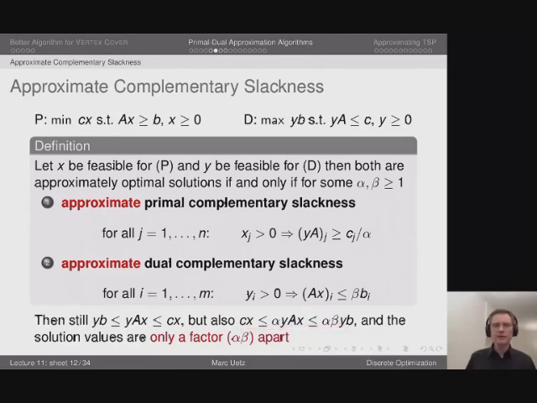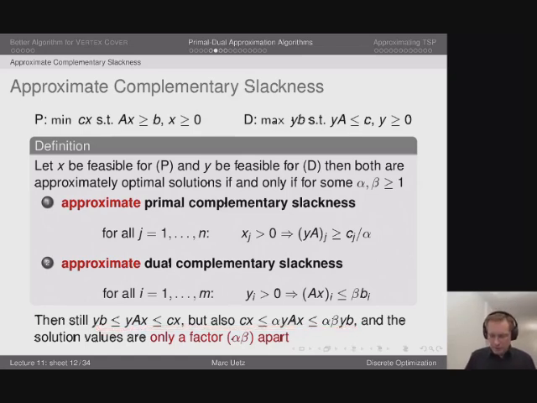And indeed, everything makes sense now, because if alpha is equal to 1 and beta is equal to 1, that would exactly correspond to the usual complementary slackness conditions. And then I would have inequalities exactly in the other direction, and everything here would be equality. Okay.